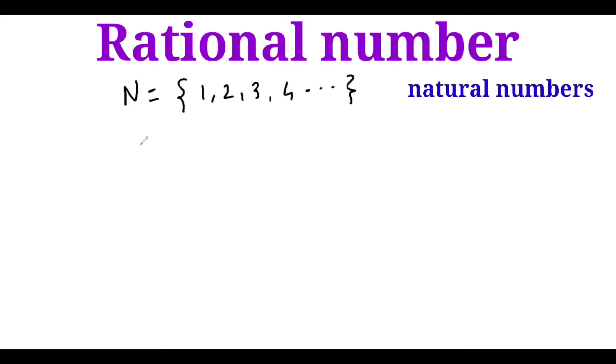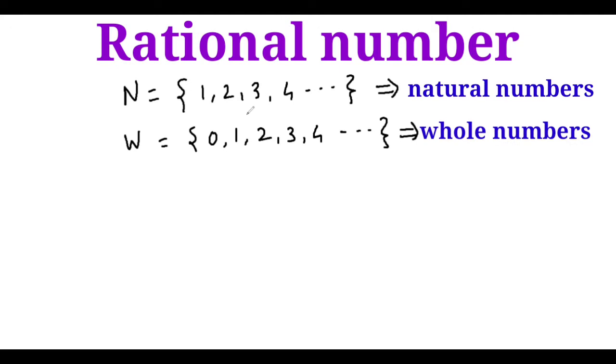So today's first concept is rational numbers. Dear students, it is a revision part. Already we know what is meant by natural numbers: the set of natural numbers 1, 2, 3, 4, and so on. Then whole numbers, denoted by W, including 0 with the natural numbers: 0, 1, 2, 3, 4, said as the set of whole numbers.